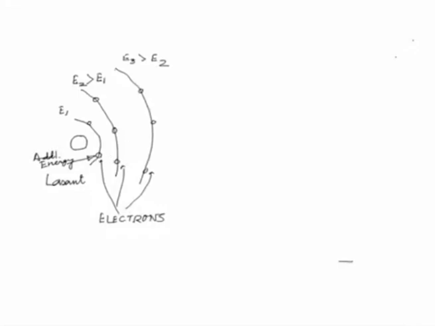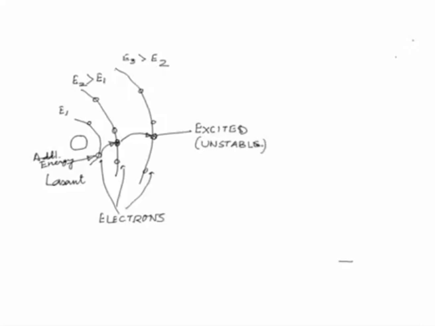Now, if these electrons at a relatively lower energy level are knocked up to another level at higher energy, and this is shifted to another level which has further energy, then they will come to an excited state, which is very unstable for them to remain in for a longer period.